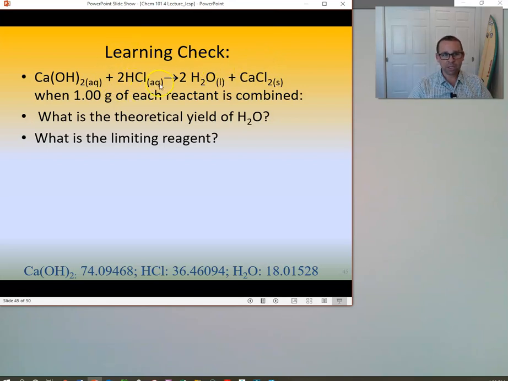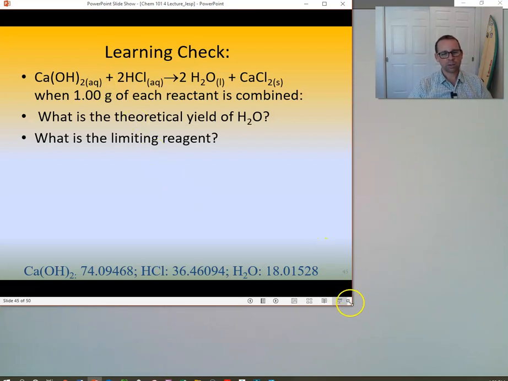But they don't ever mention the other material because they just assume that we have plenty of it. But now when they've asked us how much product we are going to get when I mix 2 grams of material, then they're telling us that this is a limiting reagent problem.